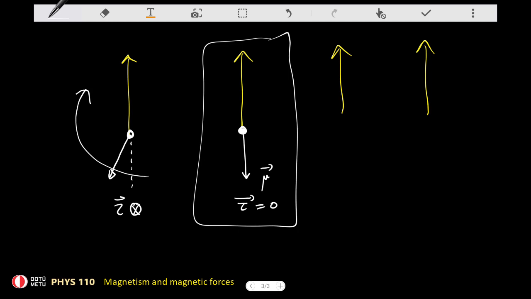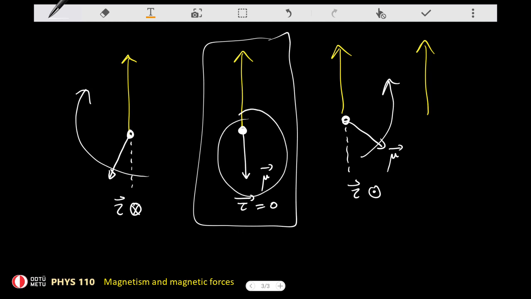You can see that it doesn't matter if the dipole moment is like that. So therefore in that case mu cross B is going to be out of the screen, and so therefore this is going to get rotated like that. So as a result, if the dipole somehow gets away from this orientation, the torque will be in a direction which will remove the orientation even further from this, and so as a result this is actually an unstable equilibrium.